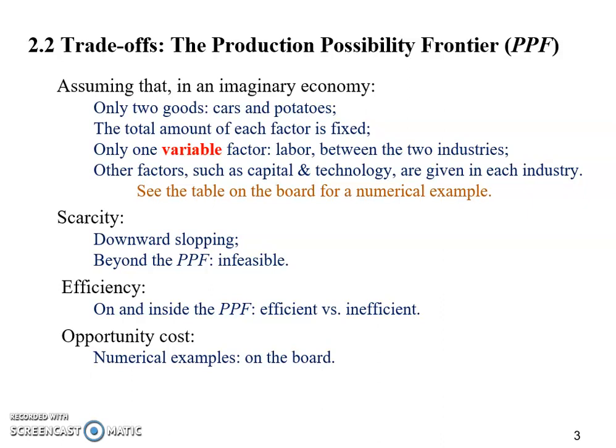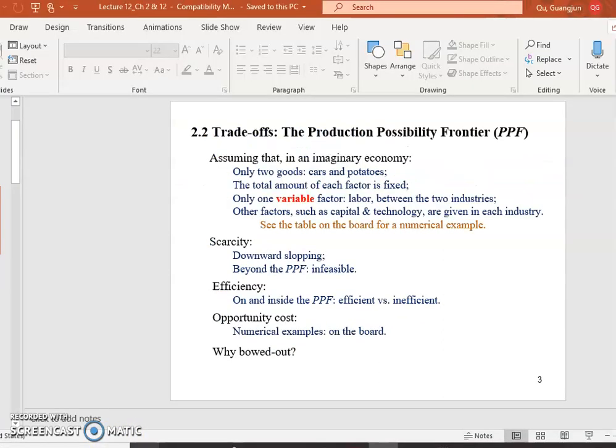We said opportunity cost means the pleasure or the benefit we could get from the second best choice, or what we decide to give up. Now here we're going to give you a numerical example on the PPF to show the opportunity cost.